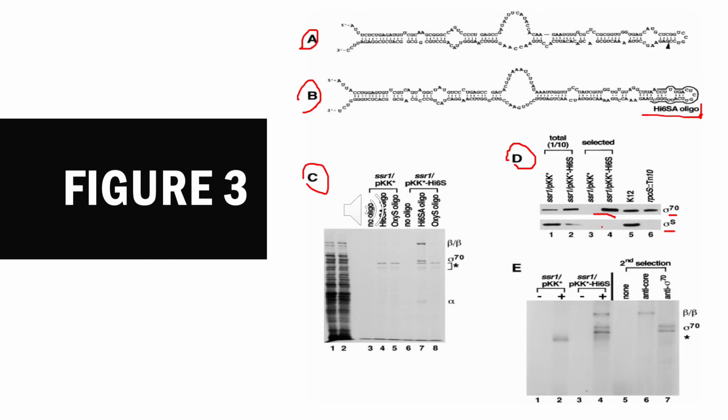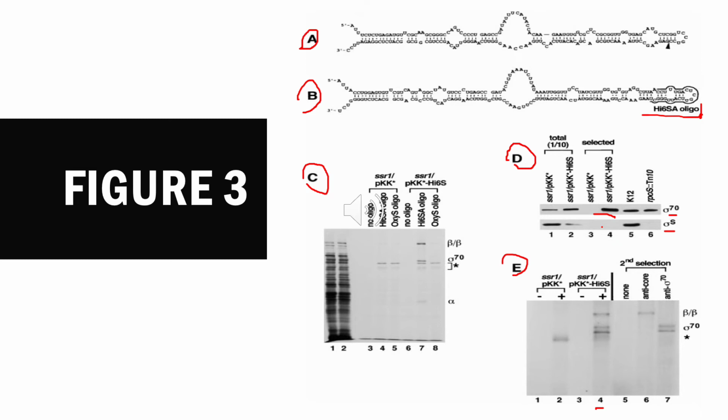I did underline on lane 4, we show some banding for the HI6S RNA. Additional testing was done that wasn't presented, but revealed that that large band was sometimes there when 6S RNA wasn't there, but always enhanced when it was there. The small band in lane 2, which I underlined, was always there only in the presence of 6S RNA. The large band is presumed to be the beta prime subunit, and the smaller would be that sigma 70 factor.